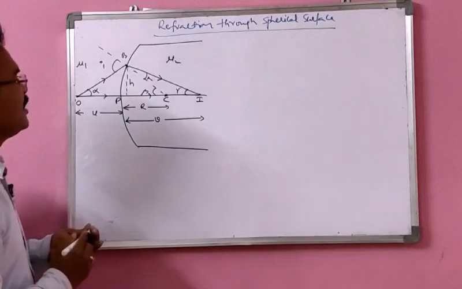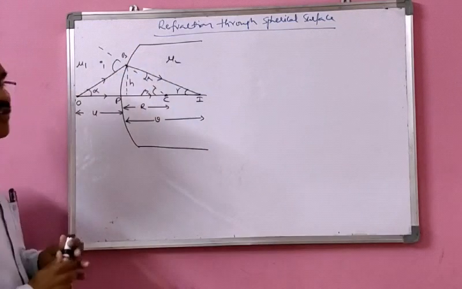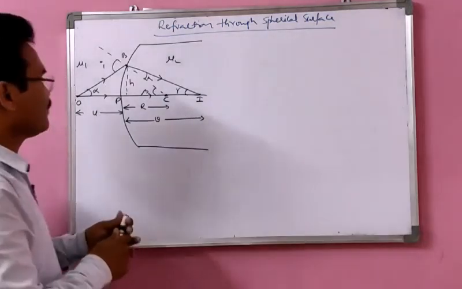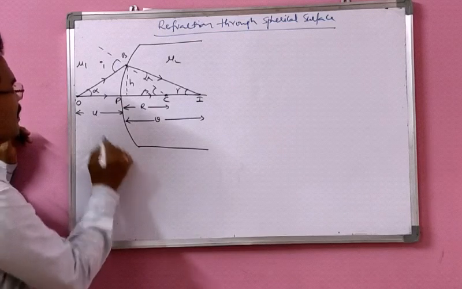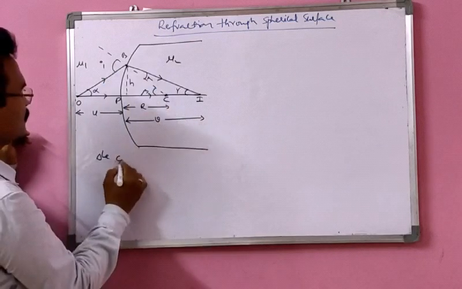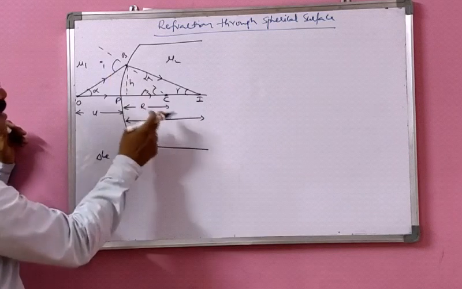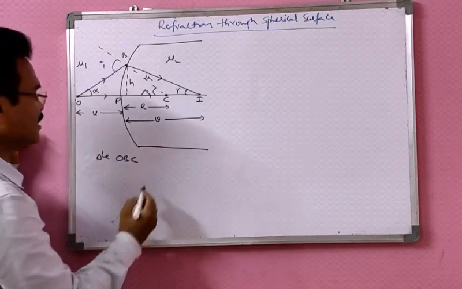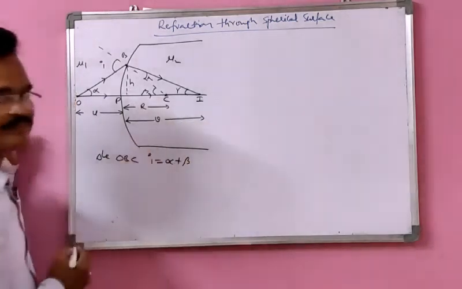If you observe here, this height h is the height where the light ray strikes the spherical surface. From the triangles, in triangle OBC, the exterior angle is i, and alpha and beta are the interior angles. So I can write i equals alpha plus beta.